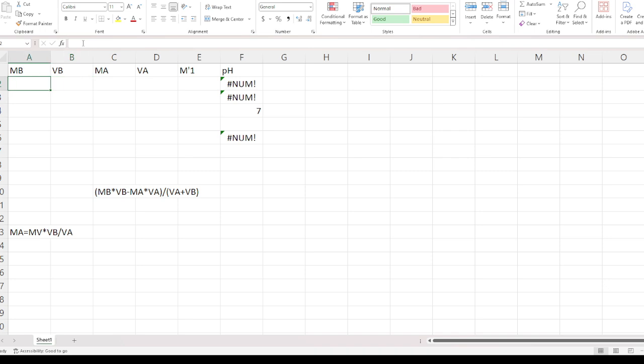But we don't know the concentration of base, but we do know the concentration of acid is 0.75. We know we used 15 mils of base.